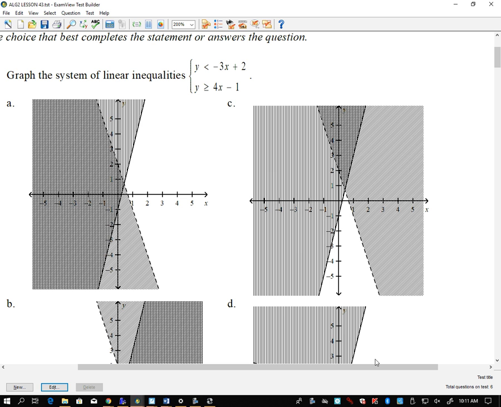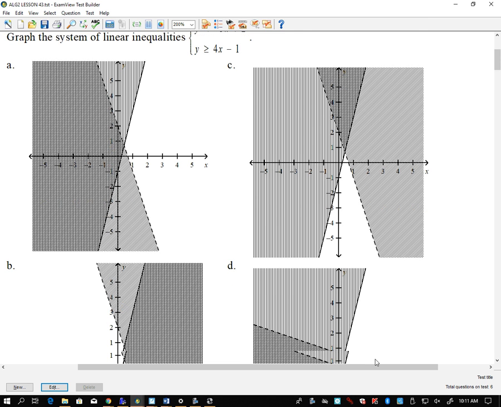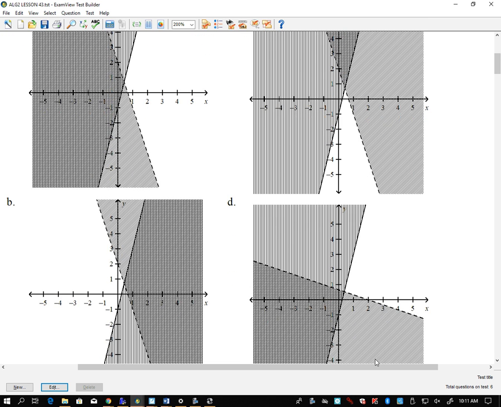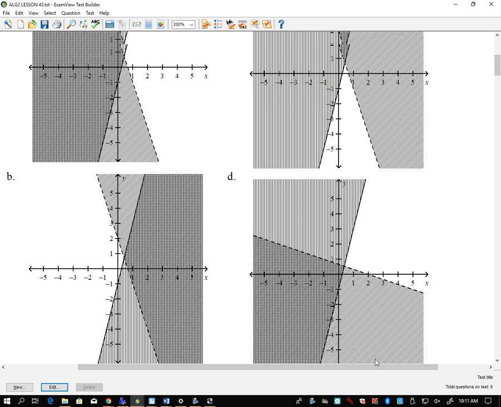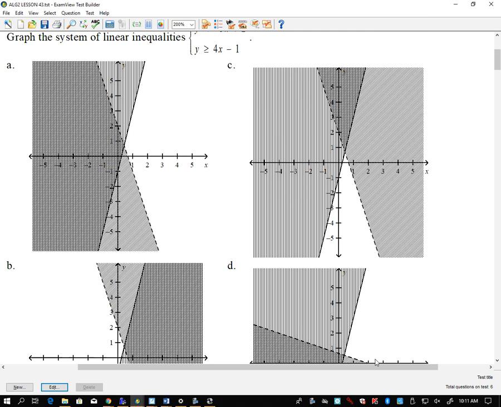And it says y is less than that line. So if you notice all of these graphs, do they all graph that first line correctly? No, they don't. Which one doesn't graph it correctly? D doesn't. But all the others do, right? And they all include a dotted line, right?